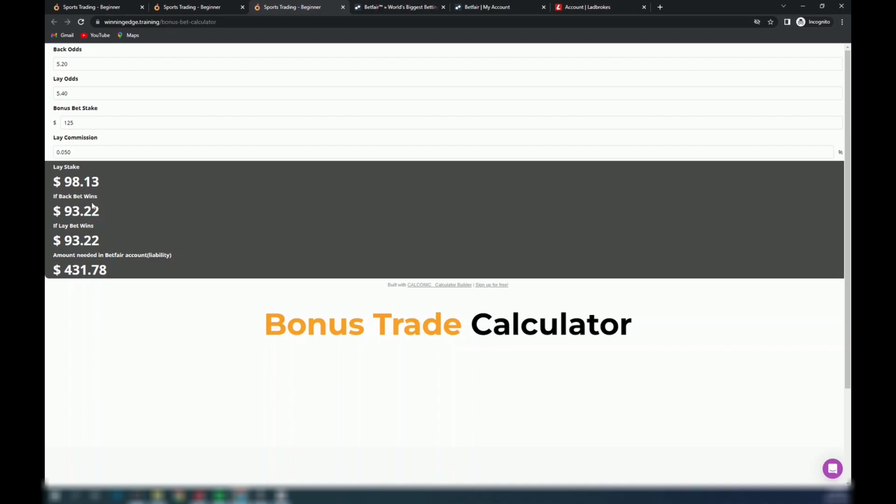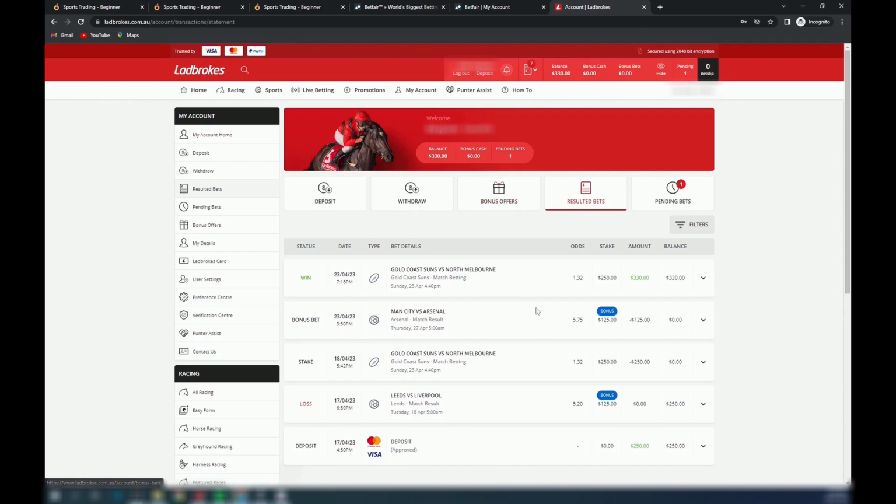So to reaffirm that a little bit, this qualifying trade, the back bet component of our qualifying trade, was a stake returned bet. That means that our $250 comes back with our $80 worth of winnings. And that's calculated by 1.32 times the 250 to get our return.